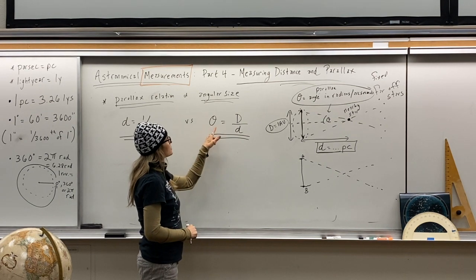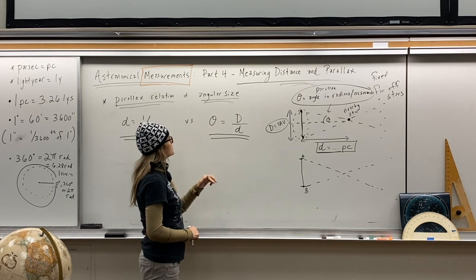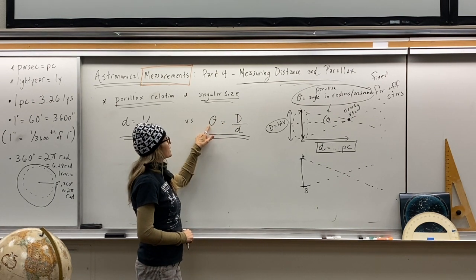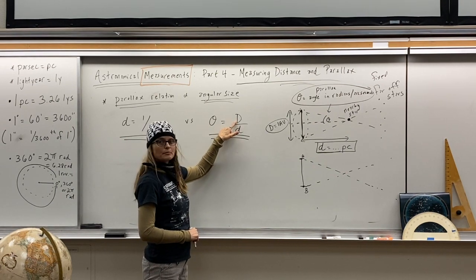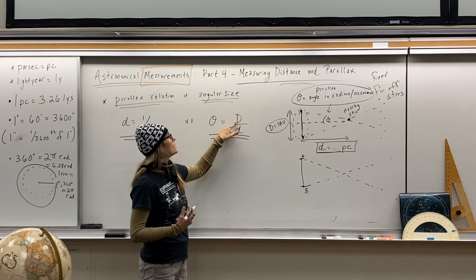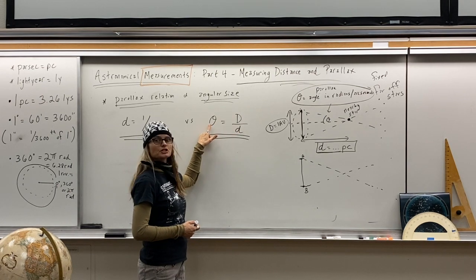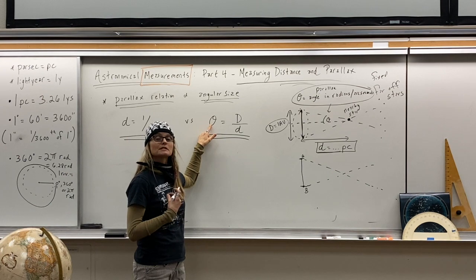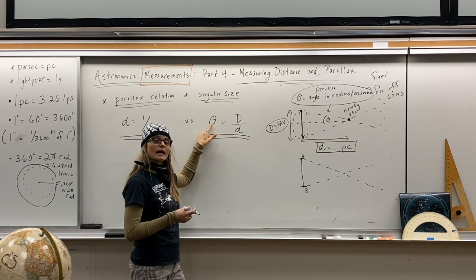So how does this relate? In this angular size equation, we have our angle, which we like to have in radians, and our distance is what we want to find. If we know the diameter in meters of an object, like the moon, we could put the diameter of the moon in here. How much space it takes up in the sky is about 1/2 degree, or more specifically, 31 arc minutes, but we would change that to radians.